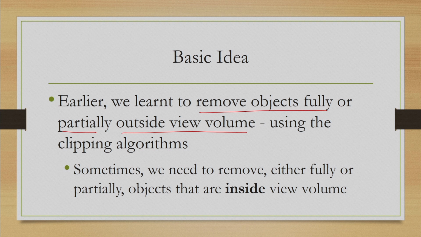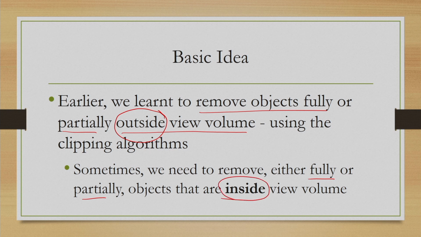Those we did using the clipping algorithms. To note here, the clipping was done on objects that are partially or fully outside of the view volume. Sometimes we actually need to remove either again fully or partially objects that are inside the view volume.